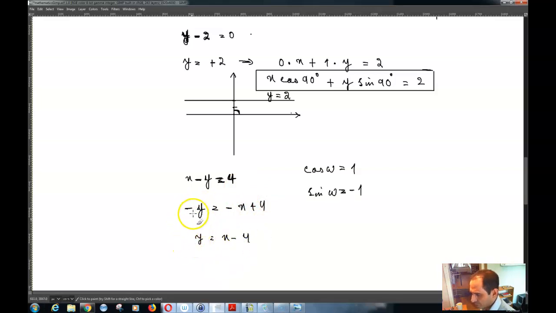So this is going to be a line which has a y-intercept of negative 4 and a slope of 1.